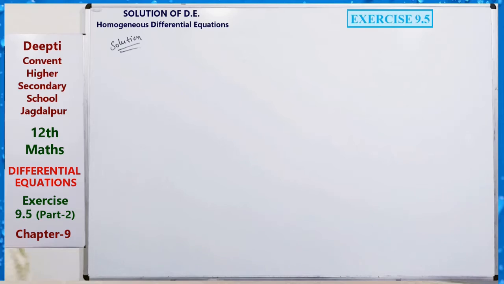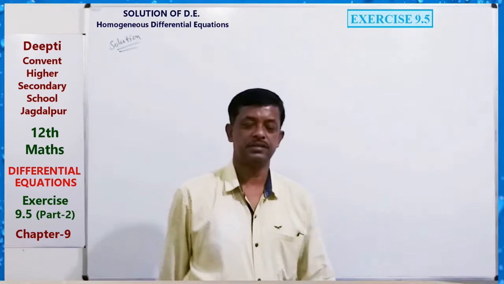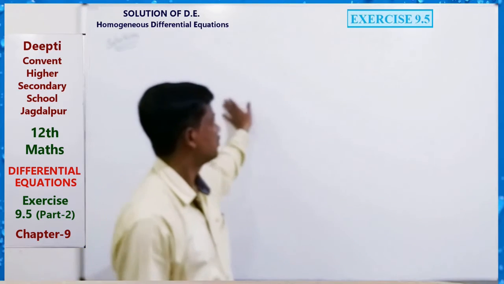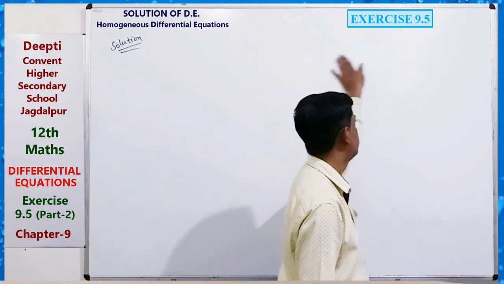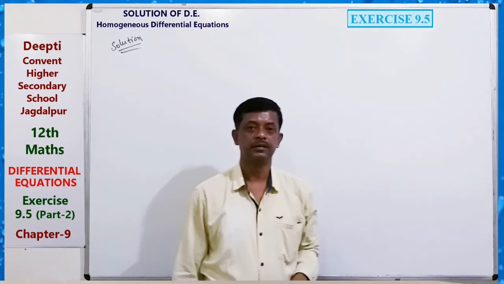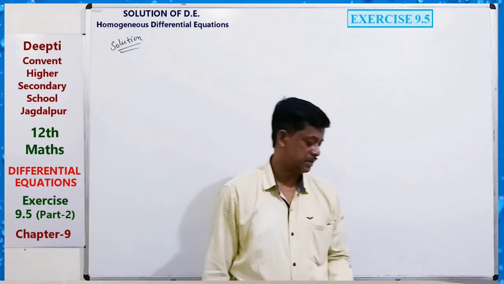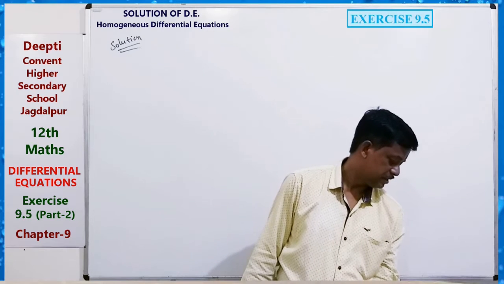Okay, so you can solve the questions, and the next part is finding a particular solution. You know what is the meaning of particular solution? Just finding the constant by the given condition, using the condition.